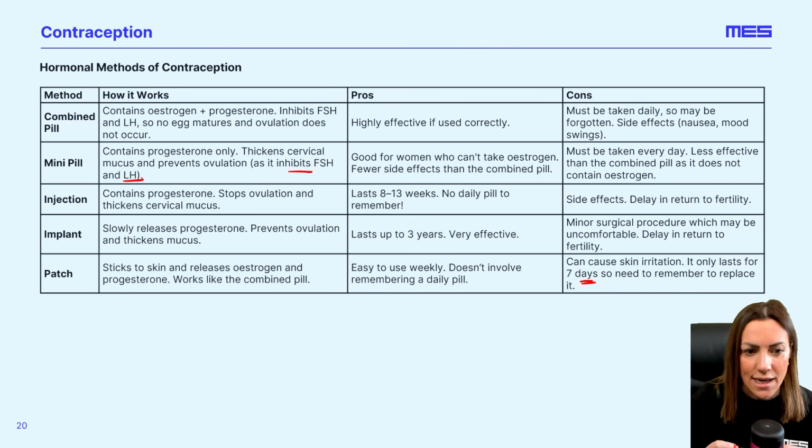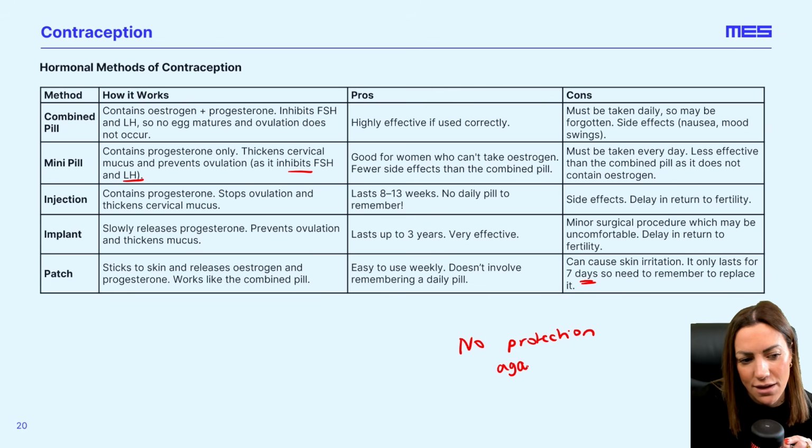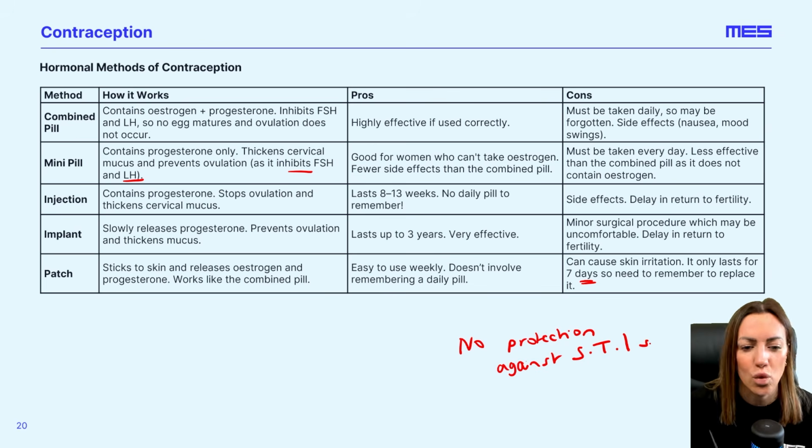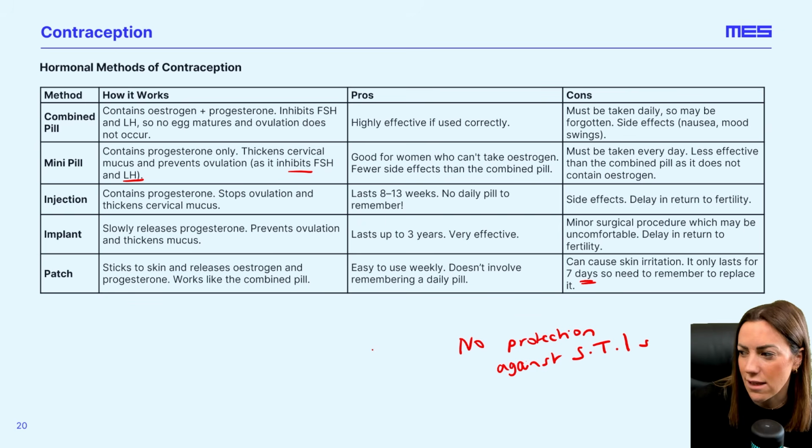With all of these, one of the cons you can say, which isn't on the slide but is really important, there is no protection against sexually transmitted infections or sexually transmitted diseases. So that is a con for every single one of these hormonal methods of contraception.